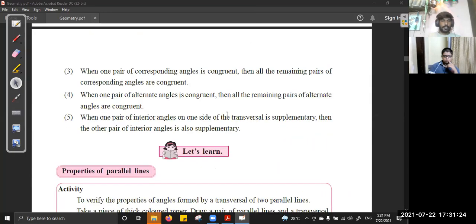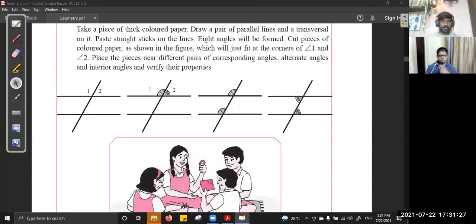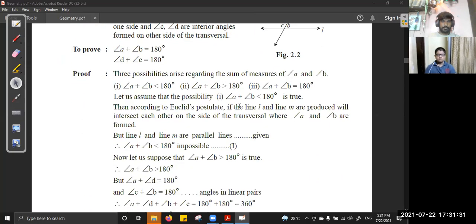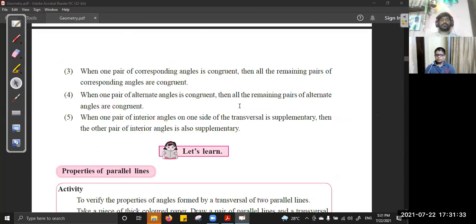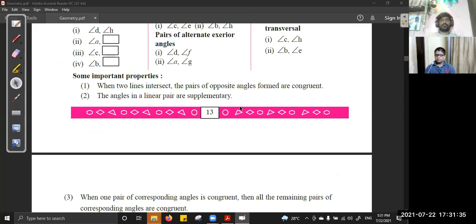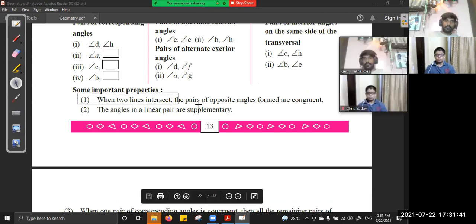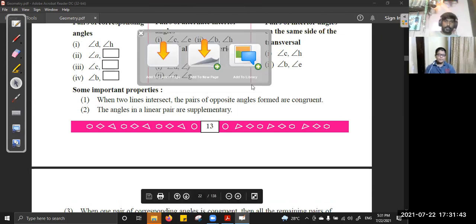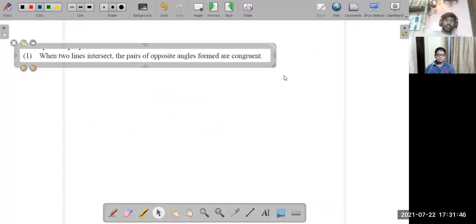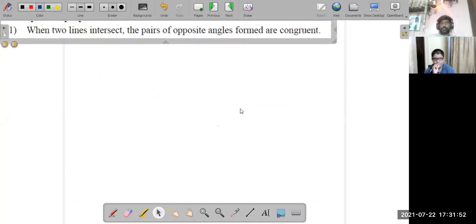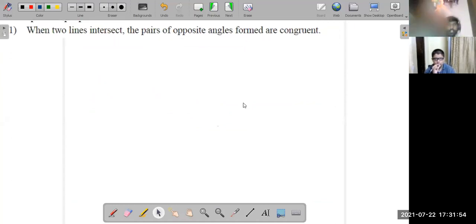Okay, these are some points to remember. First, a very important point which you should remember: when two lines intersect each other, the pair of opposite angles formed are congruent.